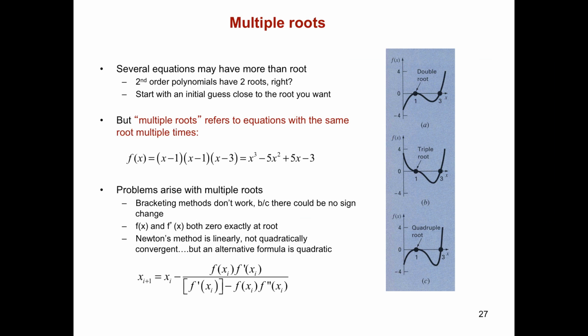And you can see in Newton's method how having f prime as 0 can cause issues. There are certain numerical issues that you can expect with dividing by 0. So bracketing methods will not work for double roots, period, because it's going to be hard to find the bracket, because both of these values are negative.